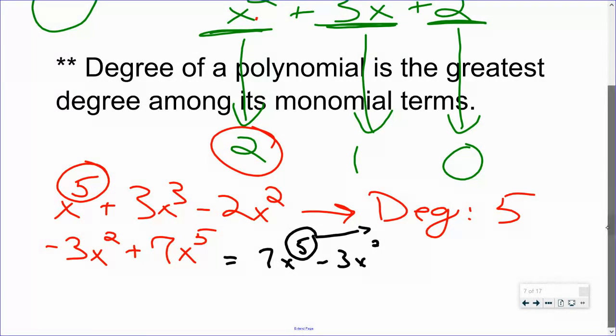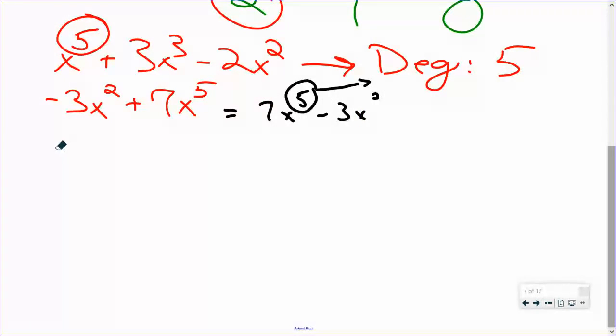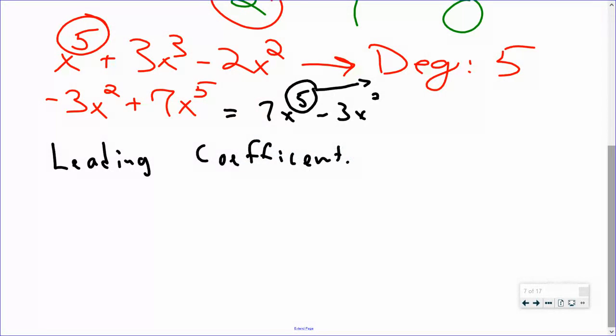Now, the other part of vocabulary that's really important is the leading coefficient. A coefficient is a number that goes along with the x's and the y's. So it's going to be the number that goes along with the variable.